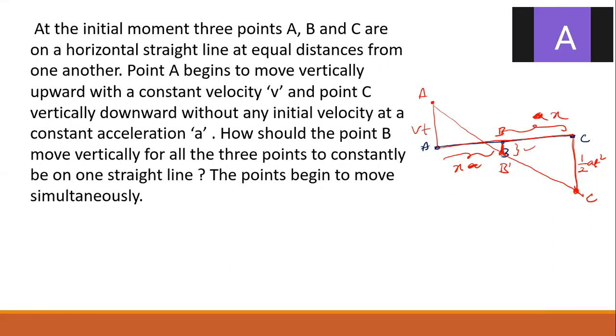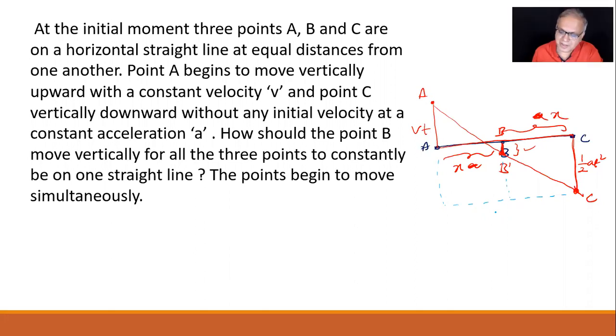I don't know, that's left to you. Probably I can try like this. If I go down like this, life becomes easier, I'm thinking. Because this is half at square, so we get Vt plus half at square. This is already 2x.